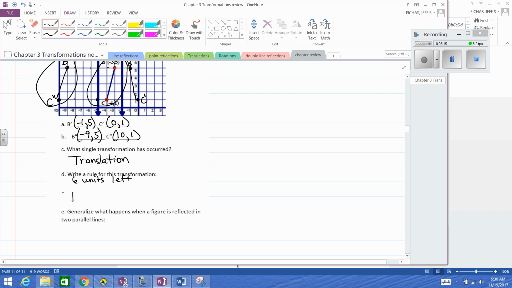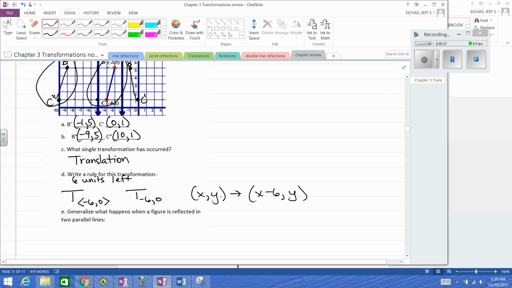How we're going to write this is translate, there's two ways. Negative 6, 0. Again, some people don't even use the brackets. And then you could do this notation, (x - 6, y).